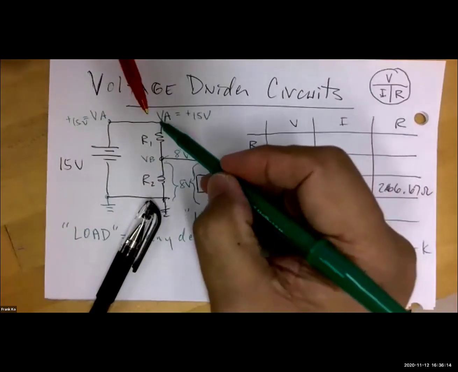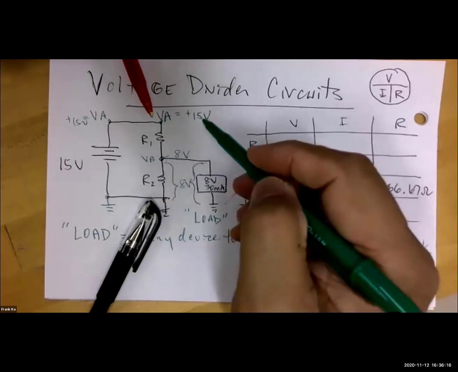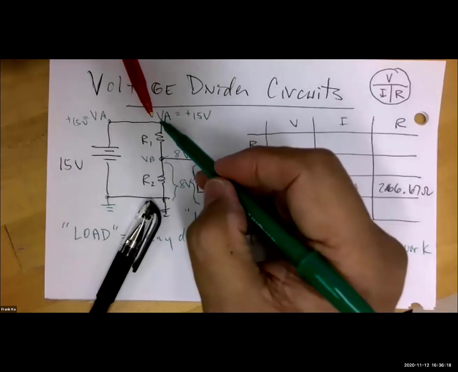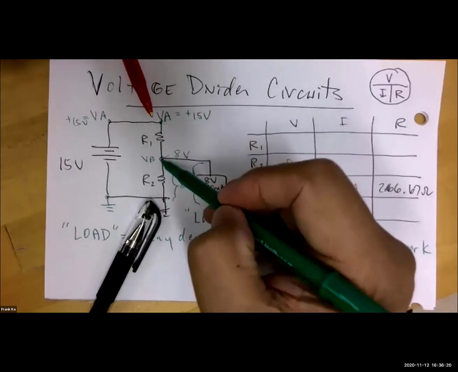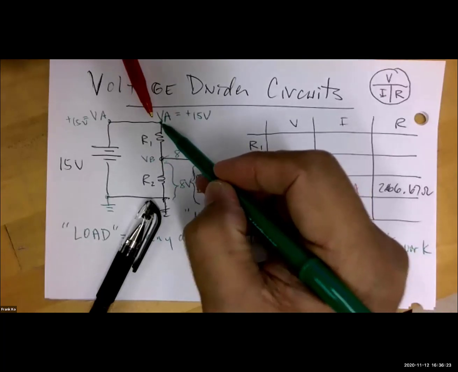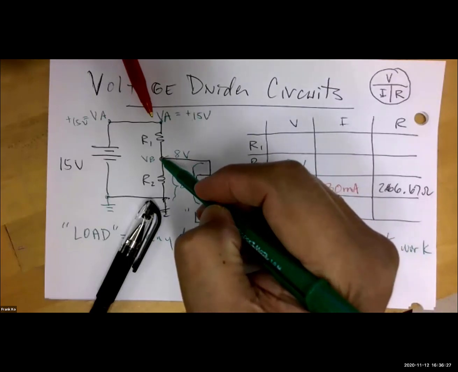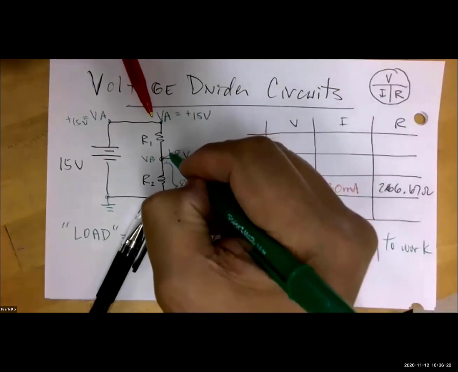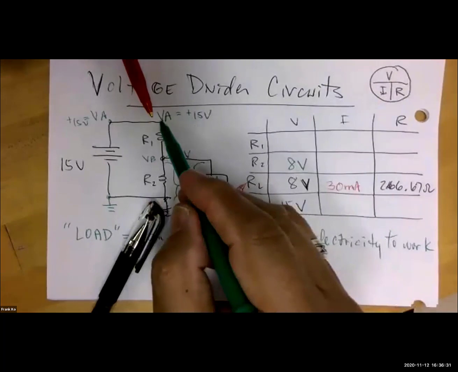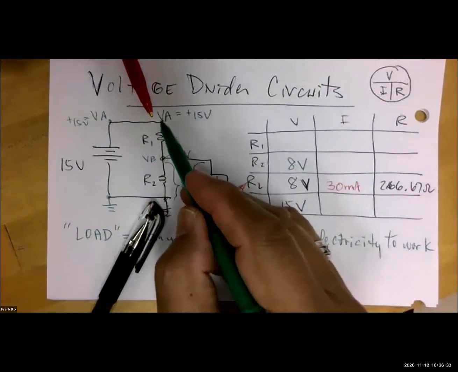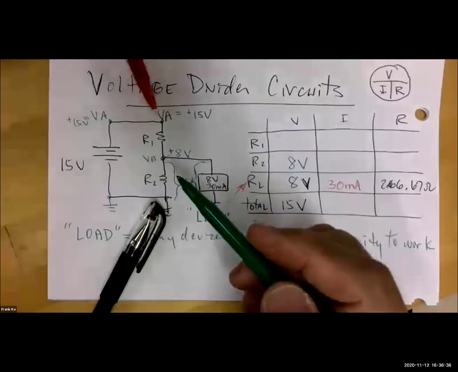And I have at point A measured to ground a source of 15. So if you take a look at R1, R1 has potential at the top of positive 15 volts. R1 has potential at the bottom of positive 8 volts. If these are not at the same potential, then there must be a voltage between them.